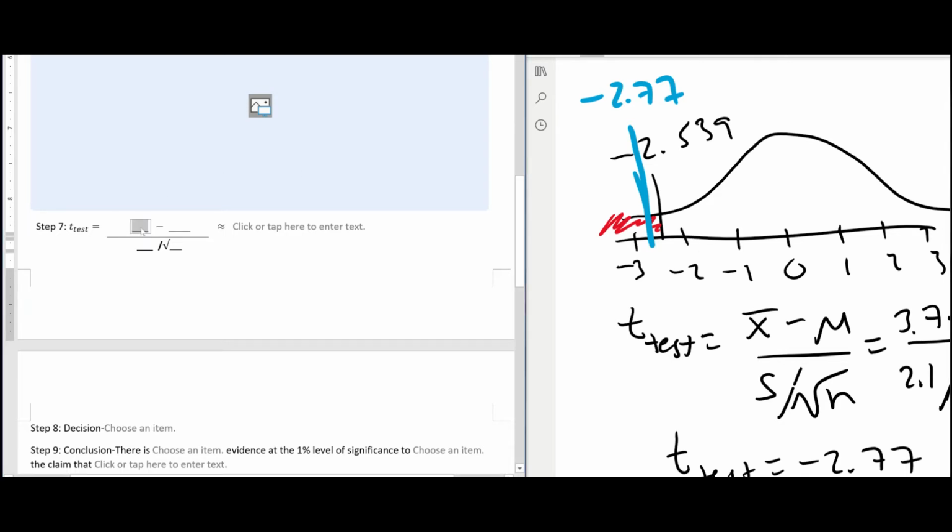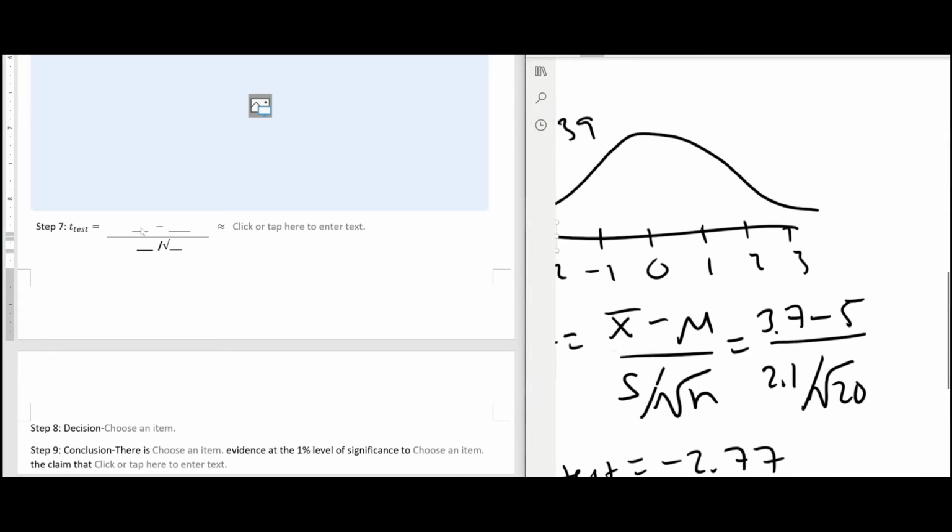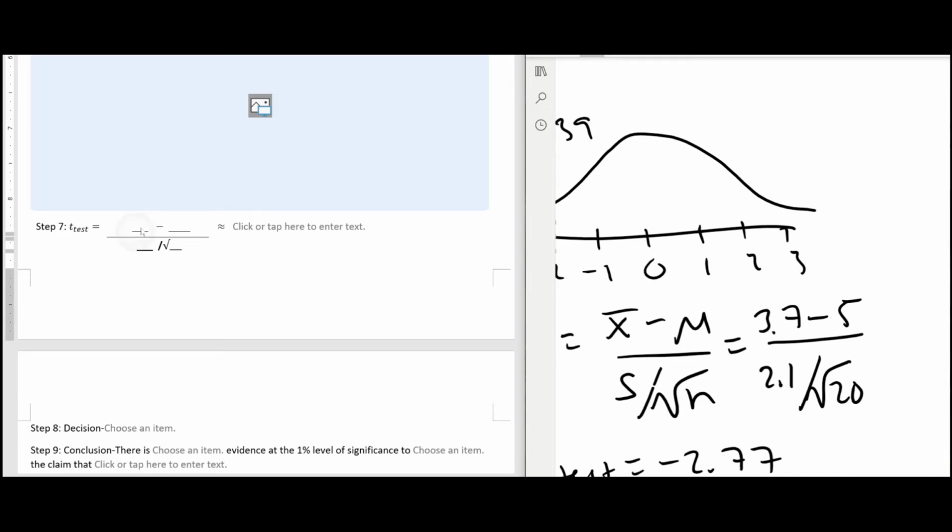So here I'm going to go ahead and click that. I'm going to replace that with my calculations here, right? Deleting the underscores and all that stuff. 3.7 minus 5 divided by 2.1 divided by square root of 20, and that's showing my work.